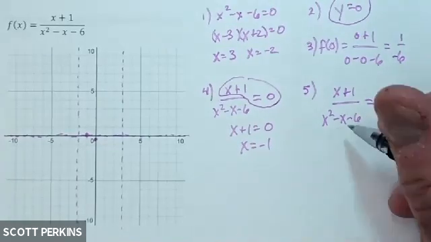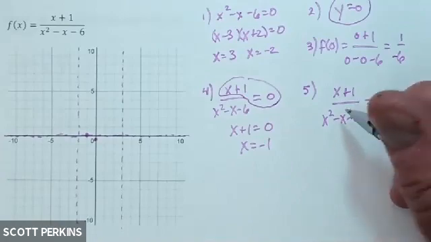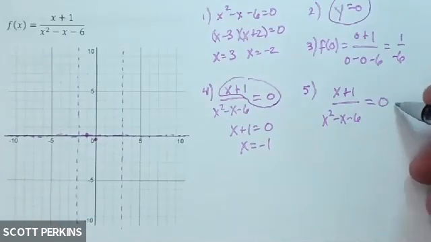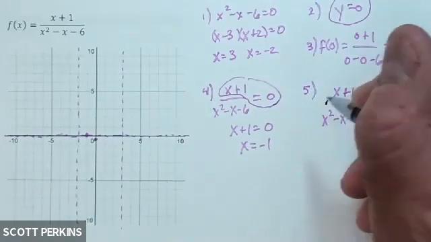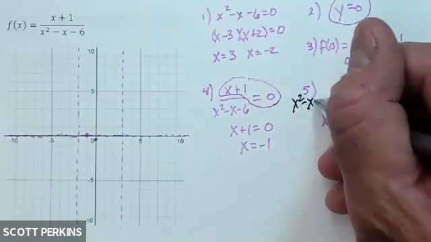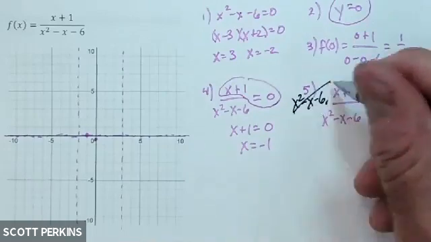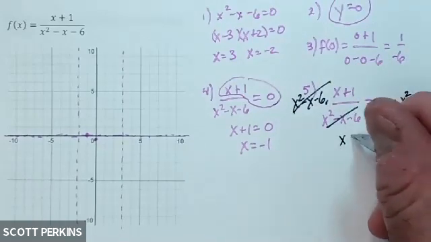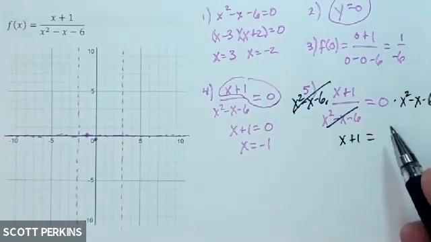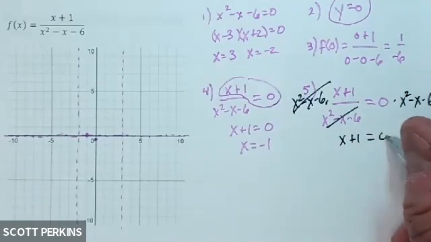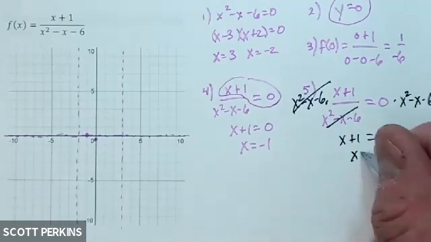So let's clear the fraction, just in case we get to one, like the next one might be a little more complicated. So we'll clear the fraction, x squared minus x minus 6. We'll multiply that on both sides. On the left, it clears the fraction, and I'm left with x plus 1. On the right, the nice thing, 0 times anything is 0. And so I get the x value -1.